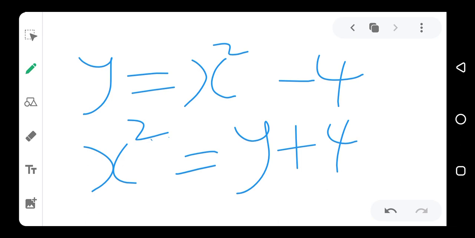Now we make x the subject of the formula. What we have here is x raised to power 2, not x. So we must make sure that x stays alone, not x raised to power 2. To make x stay alone, we find the square root of y plus 4.